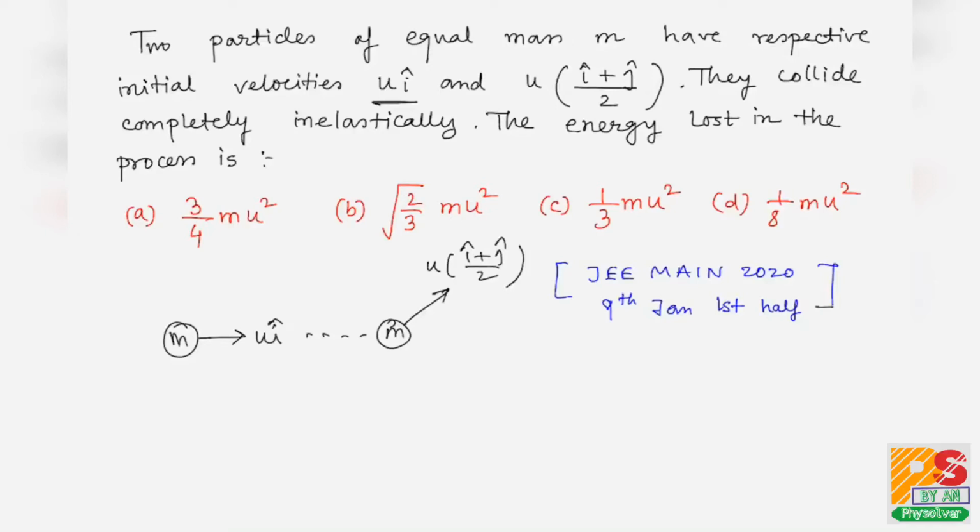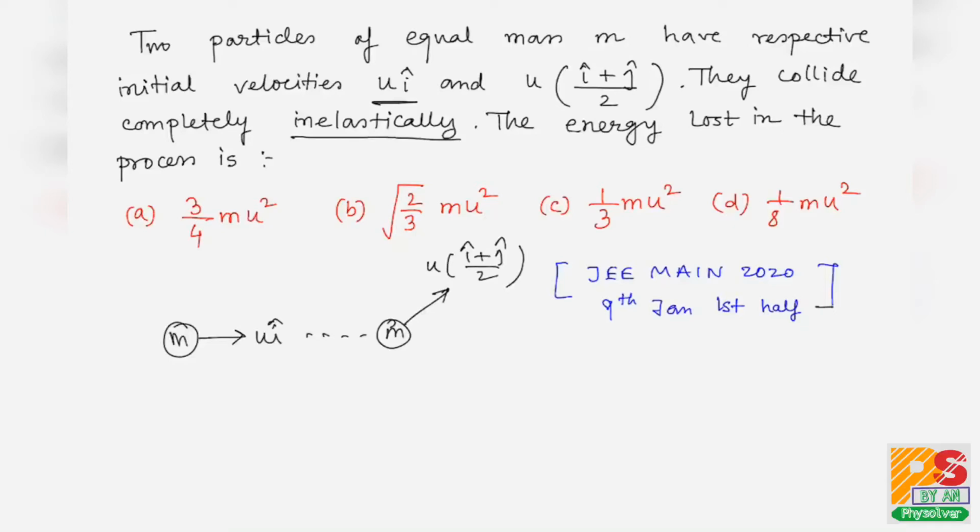And it is also given that they collide completely inelastically, and we know in a perfectly inelastic collision the two bodies move with each other. That means they stick together, right?